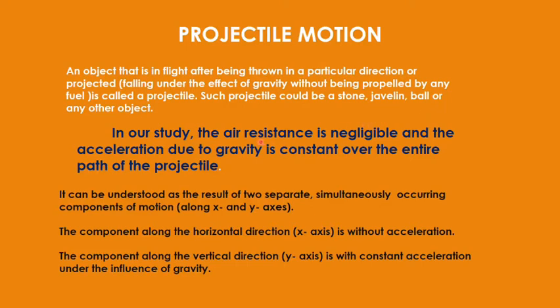In this study we are assuming that the air resistance is negligible, and acceleration due to gravity, though we will discuss in the chapter of gravitation that it changes with height, here we will not be using that much height in day-to-day life, so we are taking acceleration due to gravity as constant over the entire path of the projectile.